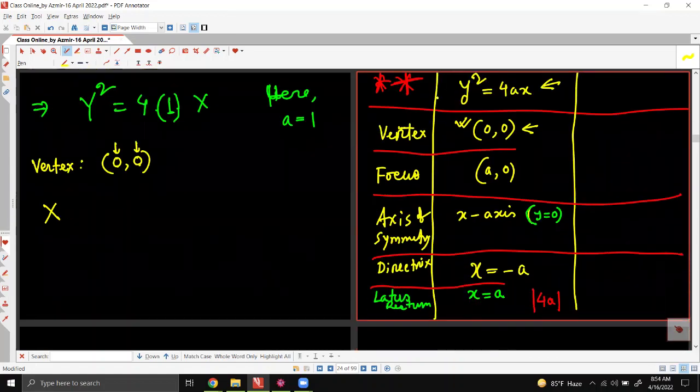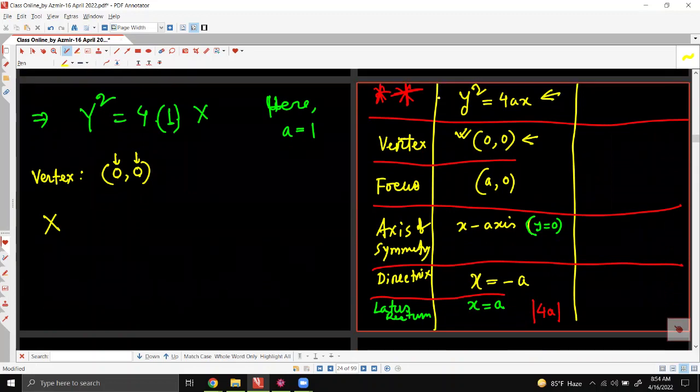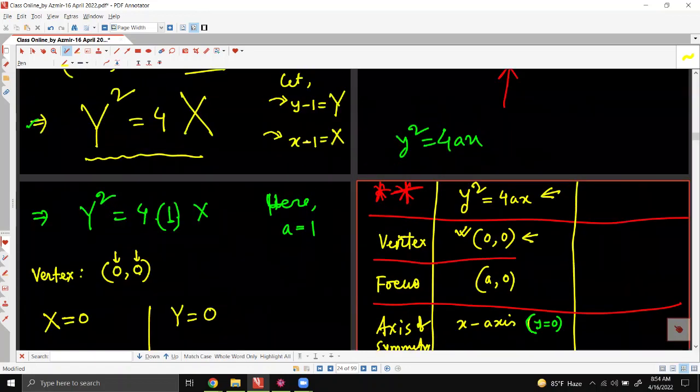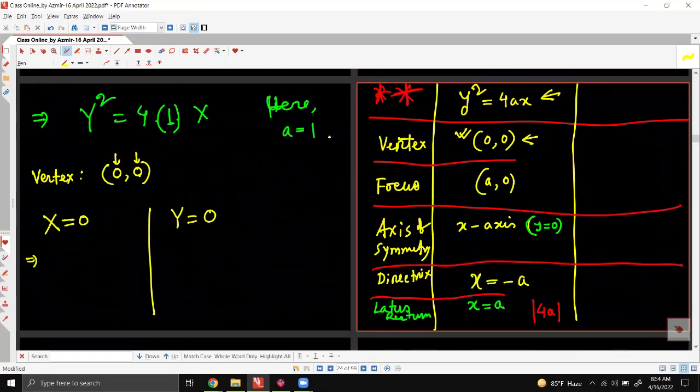So that's why we have to do some calculations here. 0, 0 is the vertex. That means X equals 0, Y equals 0. So capital X means x minus 1. So x minus 1 equals 0. That means x equals 1.